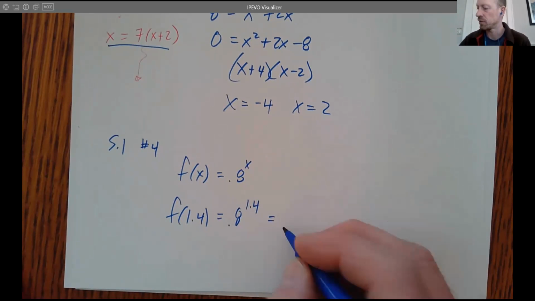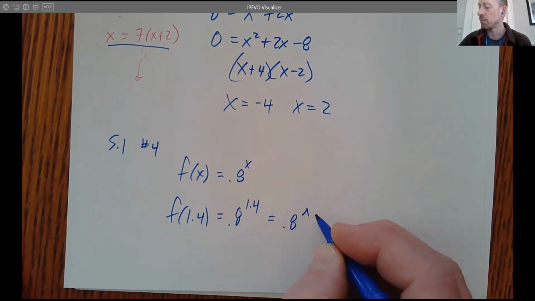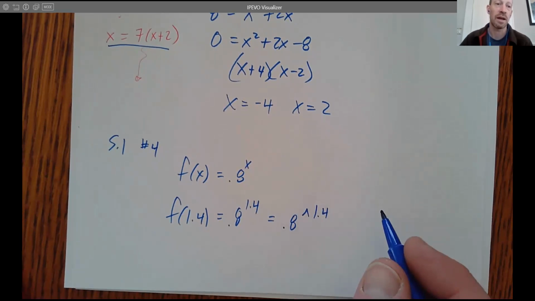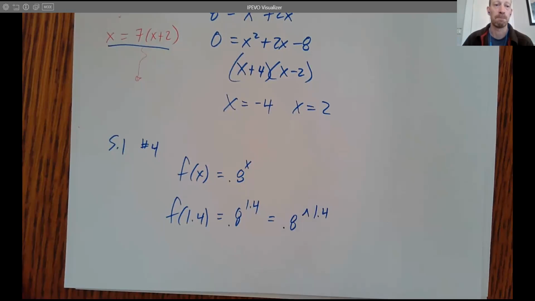Usually that's a caret button like that, and then make sure you round it. A lot of these answers you'll need to round, and you've got to round it properly, or it's going to mark you wrong. So if it says to round to 3 decimal places, which this one does, you've got to make sure you're rounding correctly all the way out to that 3rd decimal place.